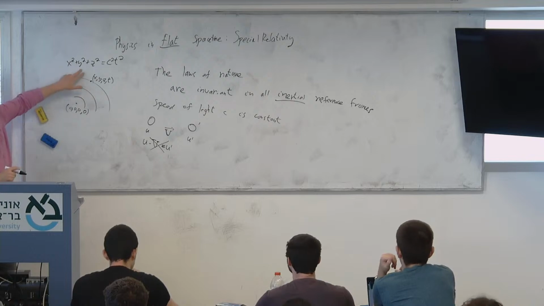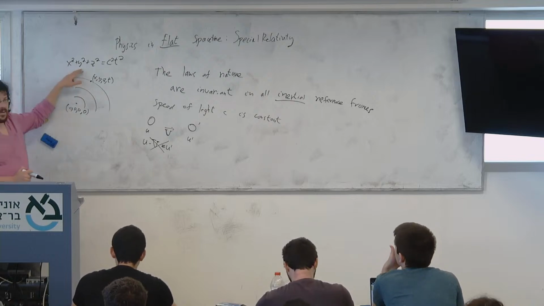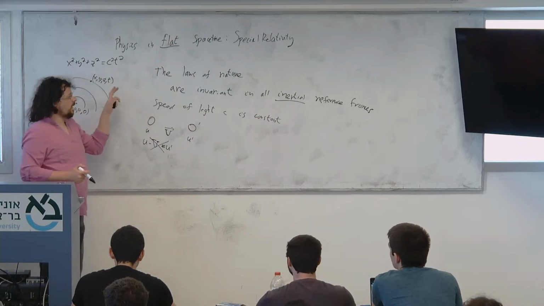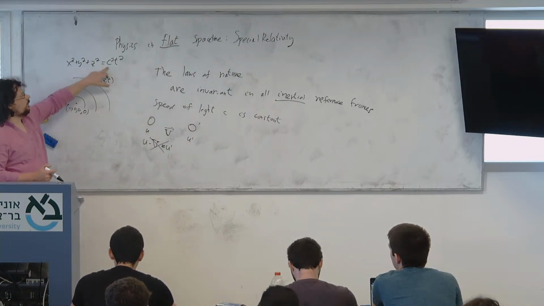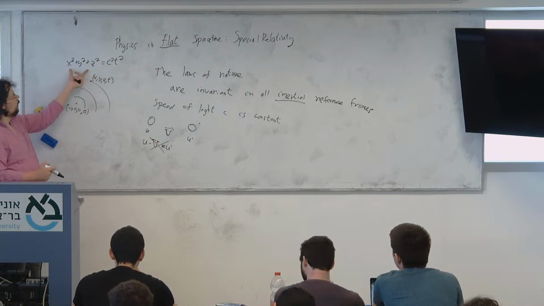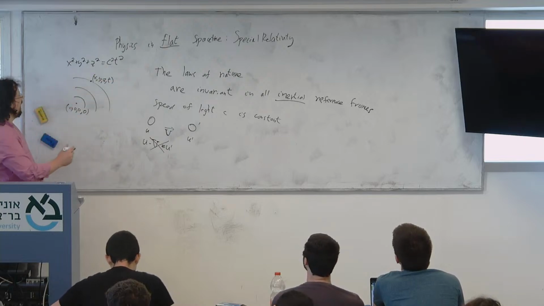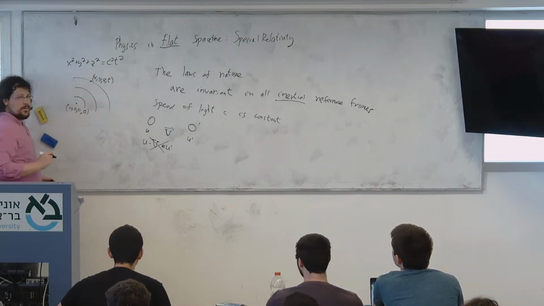That is the definition of the distance in Euclidean space. This is flat. The distance traversed is c times t, at velocity c. And this has to hold in every reference frame.